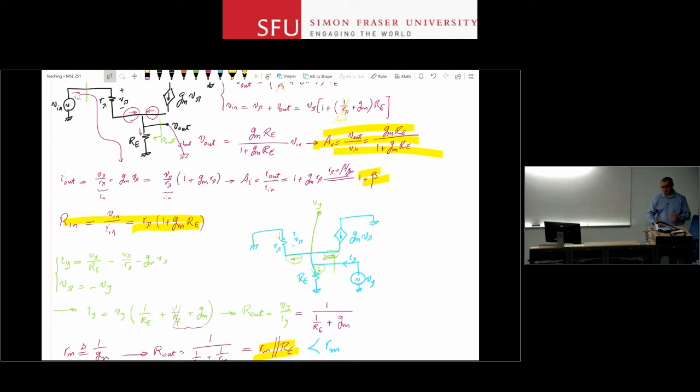So some other cases where you may need this is if your source has a very large output resistance. So let's say some microphones may have a capacitive output, and then that is a large output impedance from your source. You cannot really connect it to, let's say, a common emitter stage that has a relatively small input resistance because then all of your signal will drop on the output impedance of the source.